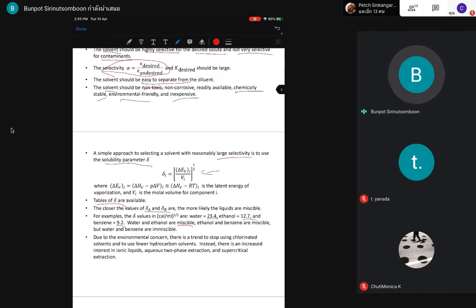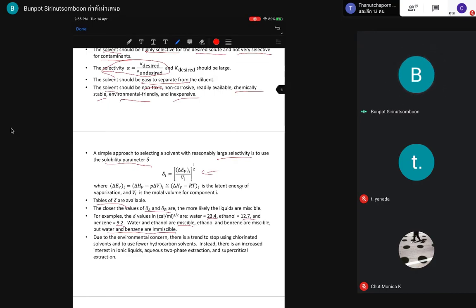But water and benzene are immiscible because their delta values are quite far from each other, so they don't mix. So the delta values can tell you whether or not two liquids are miscible, easy to mix with each other.